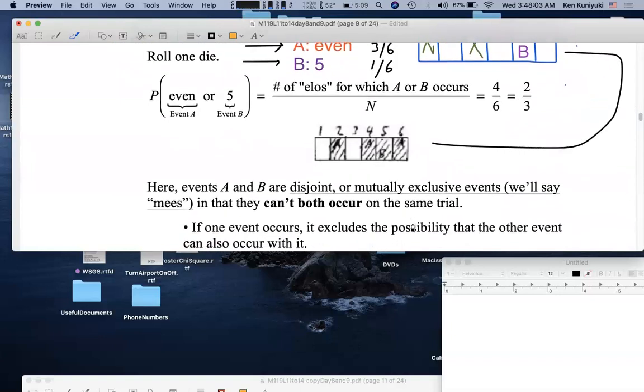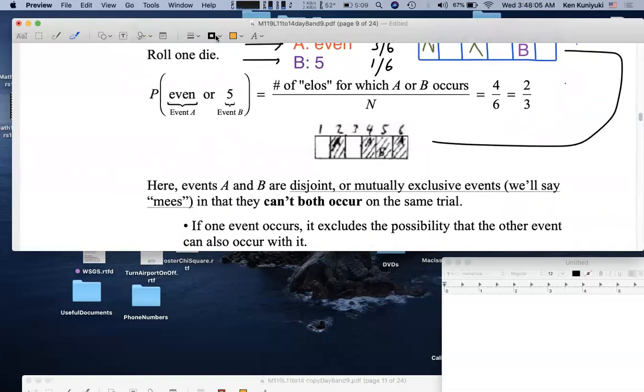And we can just add up these probabilities individually. And why can we do that? Because events A and B are disjoint, or mutually exclusive events, which I'll call Mees. Disjoint and mutually exclusive mean the same things. All right, and that means that they cannot both occur on the same trial.